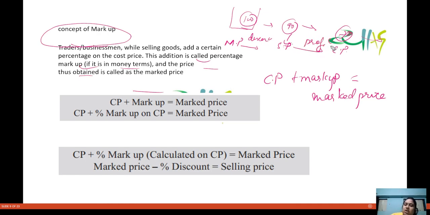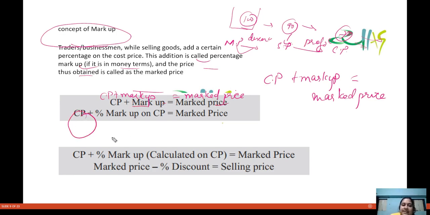This is a very general concept in our day-to-day life, that is cost price plus markup is equal to marked price.